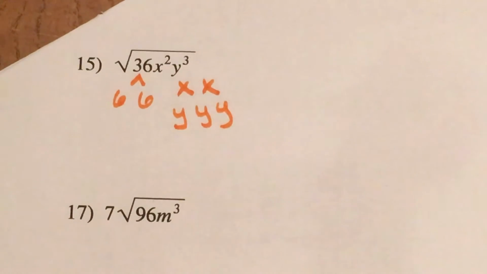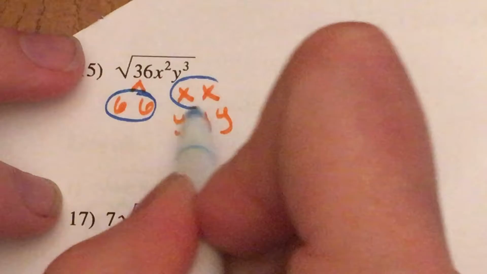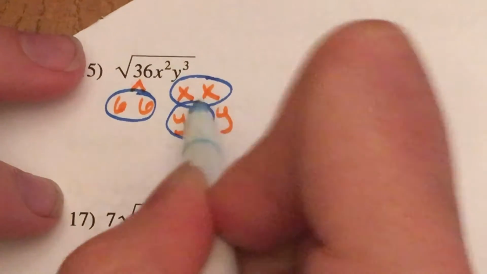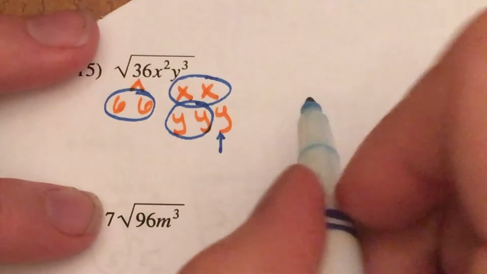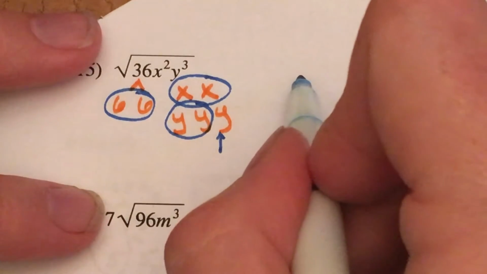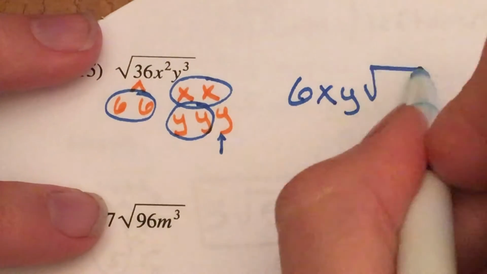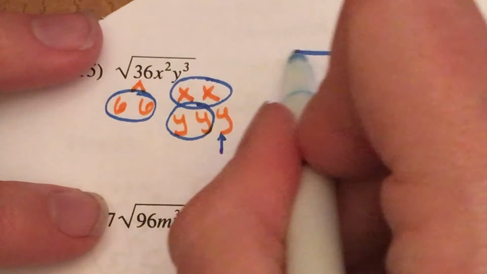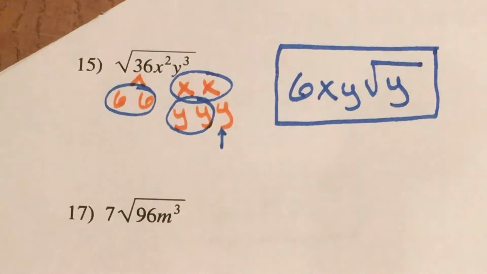So we've got a bundle of 6's, a bundle of X's, a bundle of Y's, and a leftover Y. What do we get? 6xy square root of y. Done. Nice job.